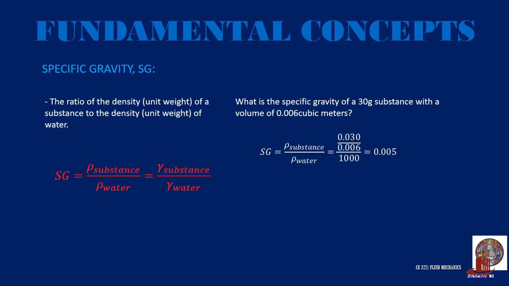And everything is divided by density of water, which will turn out to be 0.005. You can also use the unit weight for solving specific gravity, so unit weight of the substance will be taken as its mass of 0.030 kilograms multiplied by G divided by the given volume of 0.006 cubic meters. And then this unit weight is divided again by unit weight of water, giving the same answer as 0.005.